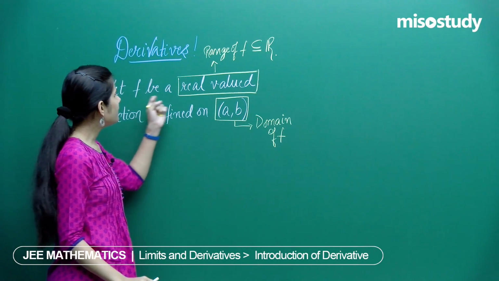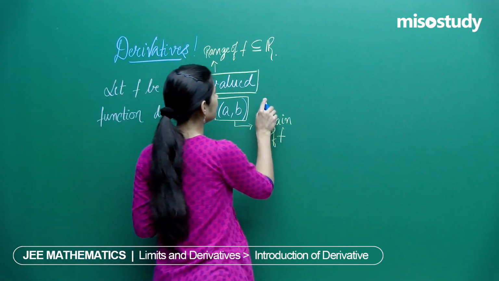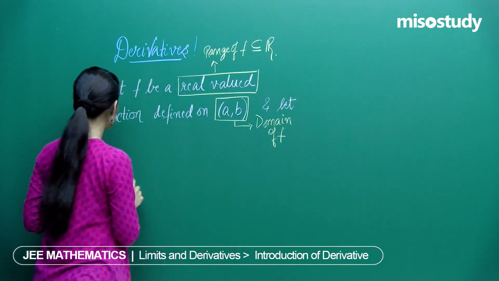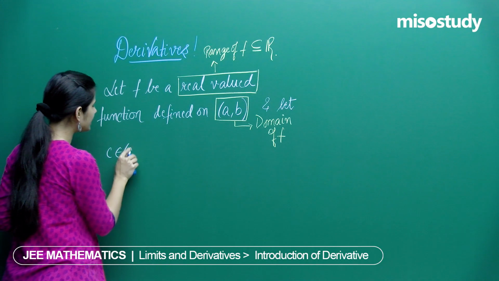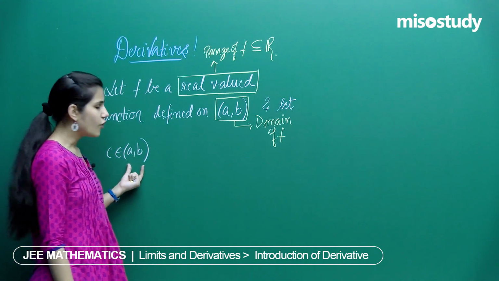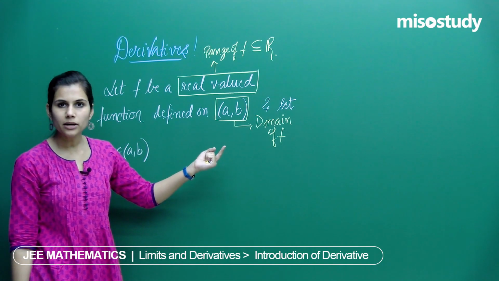Understood? So f is a real valued function defined on the open interval a comma b, and let c be some point in this open interval. Fine? So for all x belonging to a comma b, f of x is defined to be a real number, right?